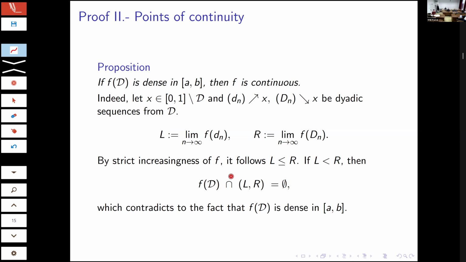By strictly increasingness, we know that L is smaller than R. What we would like to show is that L is equal to R. If the image is dense, then this case cannot happen, because then the interval between them would be an empty set. So it's okay. I think it's very, very simple, right?